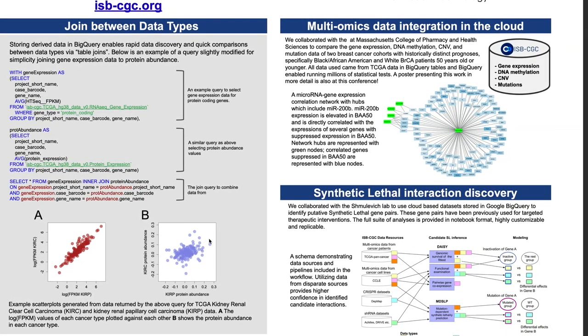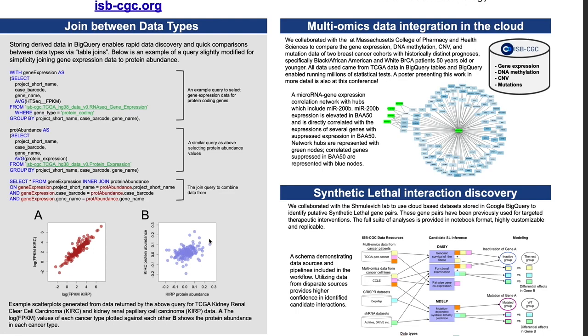We also have a lot of ongoing and past collaborations with research groups to leverage both the strengths of the cloud as well as our ecosystem to answer their research questions. This first example is ongoing work with the Aquamenza lab, comparing a Black African-American breast cancer cohort to a similar white cohort to try to answer the question of why the Black cohort tends to have historically far worse prognosis, to try to identify some of the factors that might be underlying that.